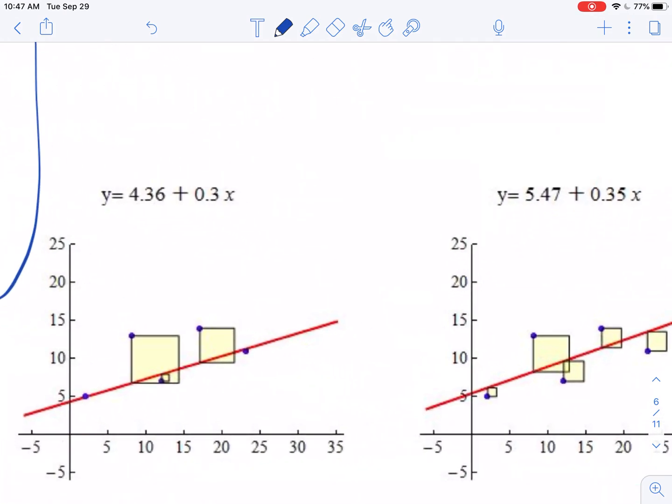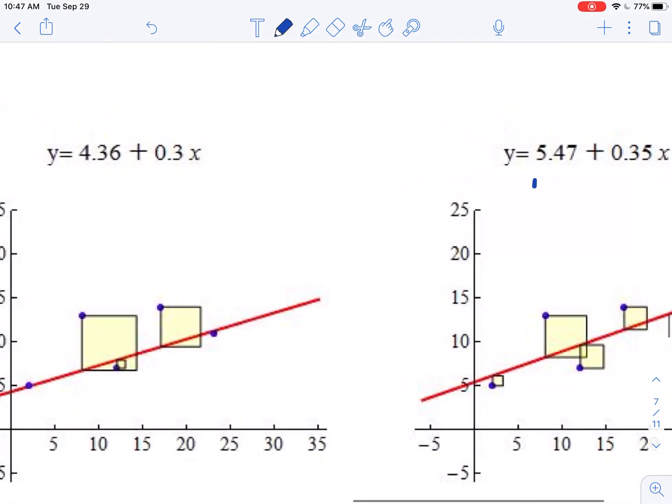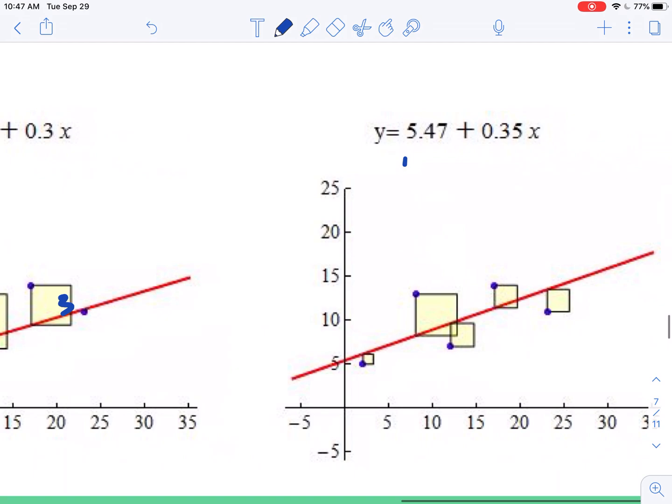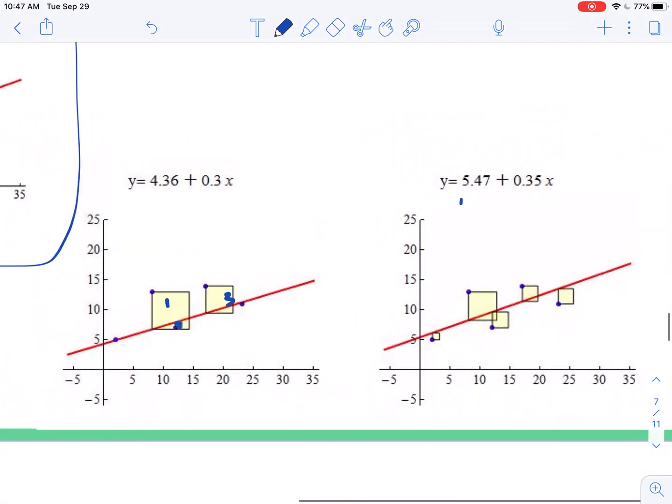Now, this is going to be kind of hard to see because they don't give you any actual numbers, but we see that we've got 1, 2, 3 areas here, and we've got 5 areas over there. Well, these 3 areas on the left are actually going to add up to be greater than the 5 areas on the right. We can see that the size of those boxes is much smaller.